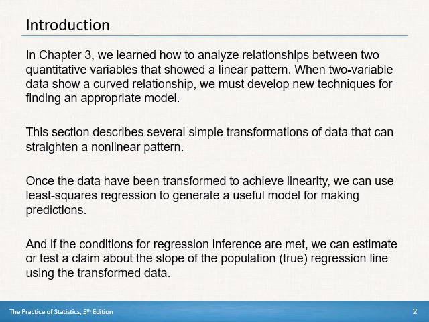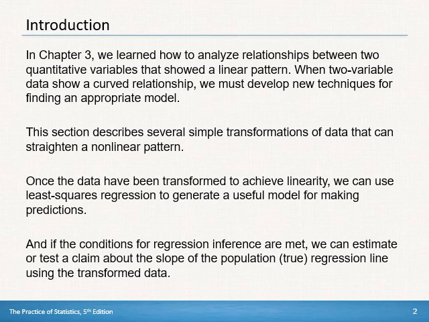All right, so back in chapter 3, we learned how to analyze the relationship between two quantitative variables. So here we're dealing with numerical data. We always had a linear pattern back in chapter 3, right? We talked about correlation and all that stuff. All of it was based on a linear pattern or a best fit line.